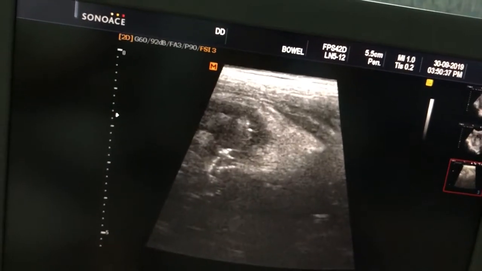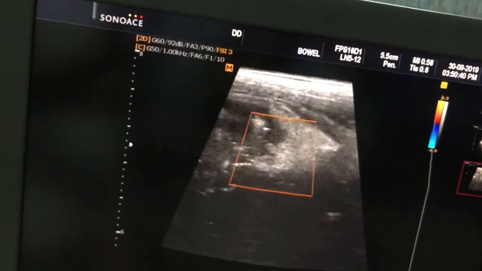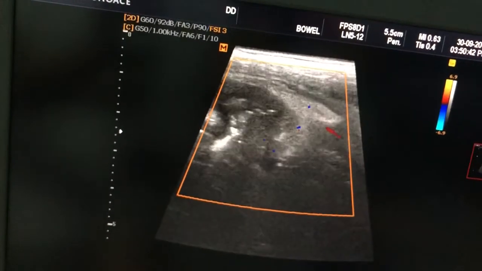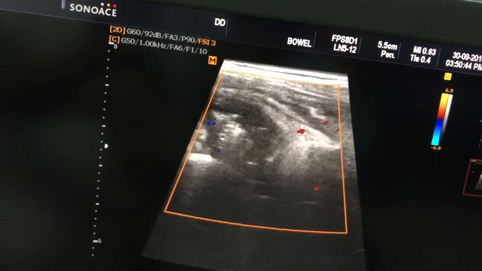But you see this inflamed mesentery, omental fat surrounding this appendix.